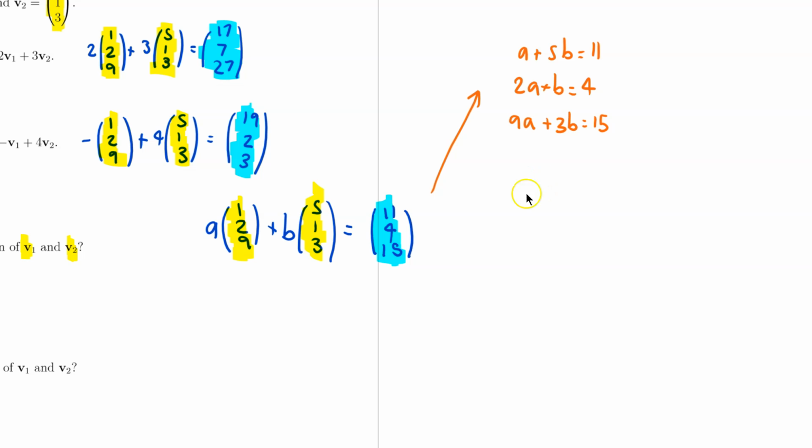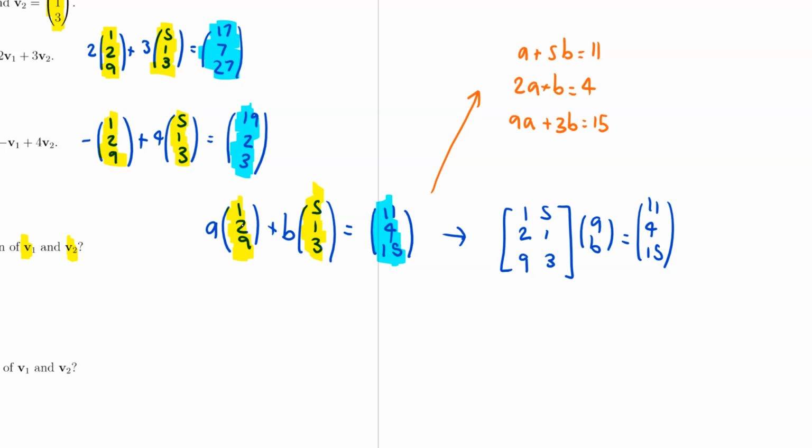Or I can also turn this into a matrix equation. The matrix equation for this is going to be, let me pull out just the numbers here, the columns (1, 2, 9) and (5, 1, 3) times the vector (a, b). This has to equal (11, 4, 15). So here is my matrix equation.